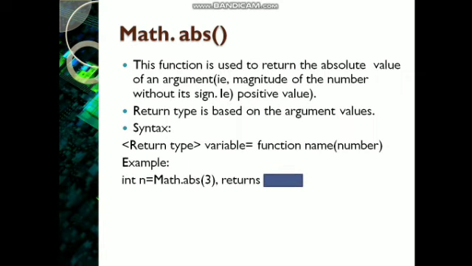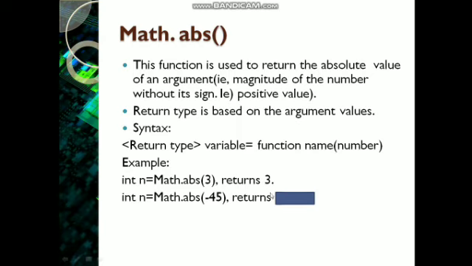Int n is equal to Math.abs of 3, and the positive value of 3 is 3 itself, so it returns 3. Next example, int n is equal to Math.abs of minus 45, and the positive value of 45 is, yes, 45.